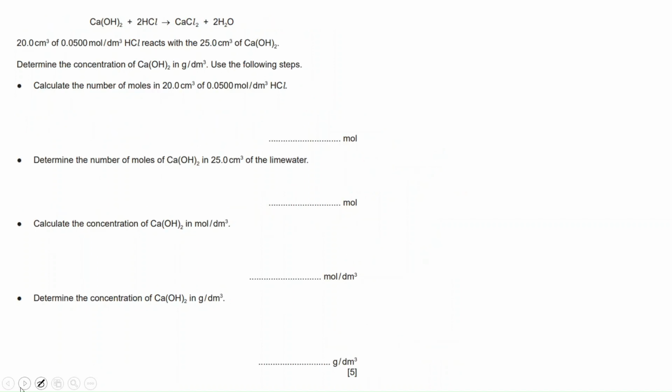Now, next. It's a similar question again, but there's a conversion over here. So 20 centimeters cubed of 0.05 moles per decimeter cubed of HCl reacts with 25 centimeters cubed of Ca(OH)2, or calcium hydroxide. So the moles of HCl that are being used is going to be 0.05 moles per decimeter cubed into 20 divided by 1000 decimeters cubed, which is going to be 1 times 10 to the power minus 3 moles.